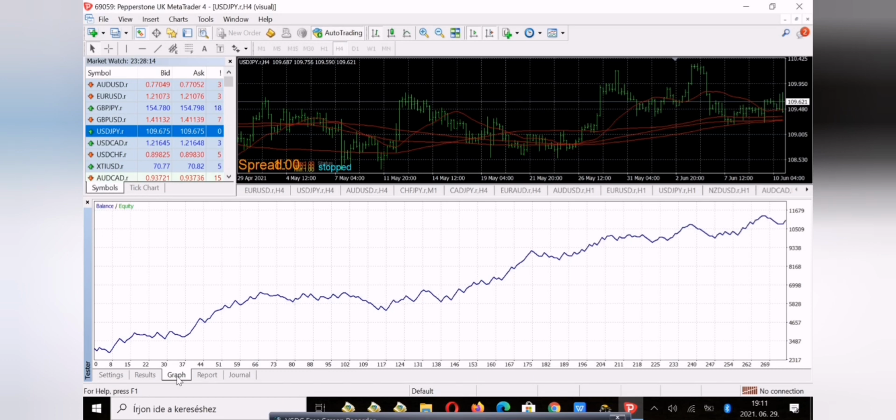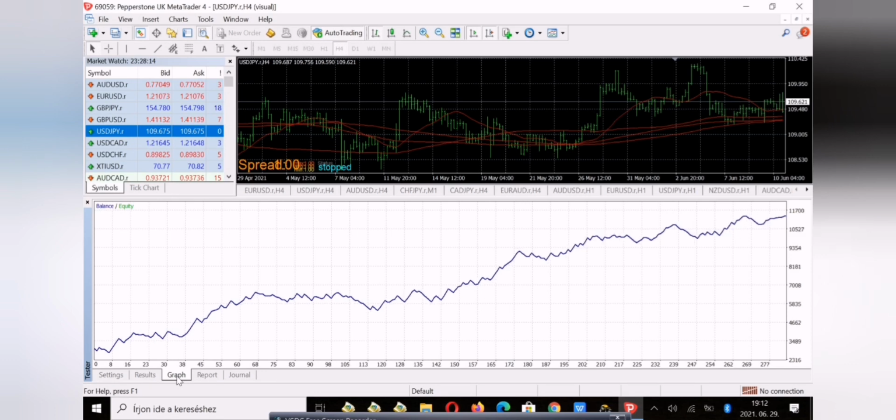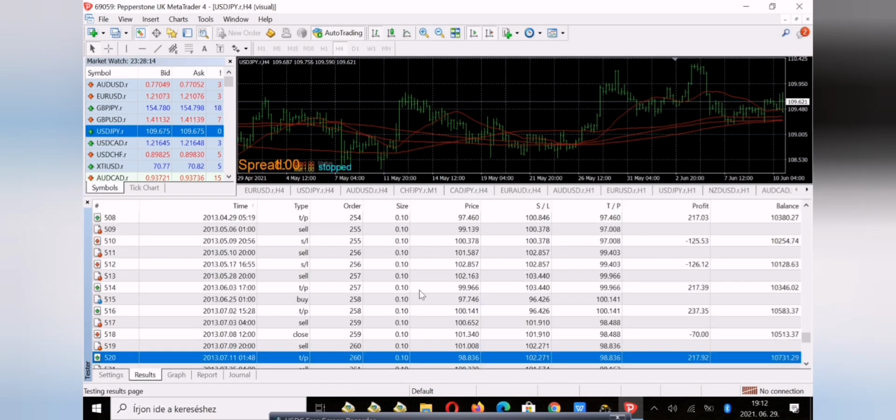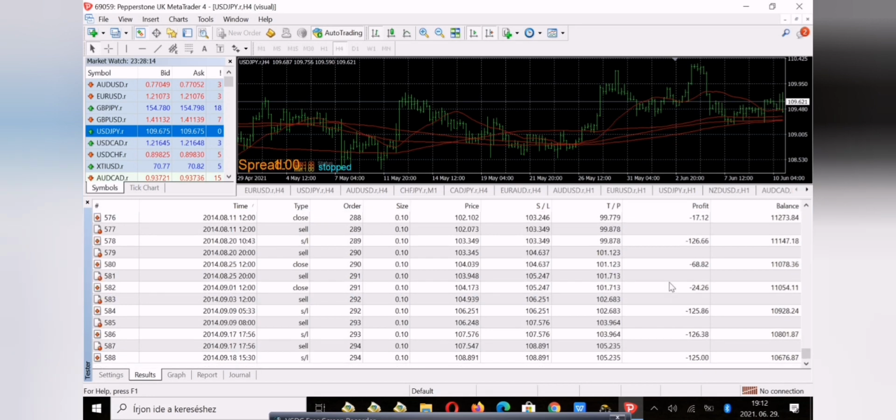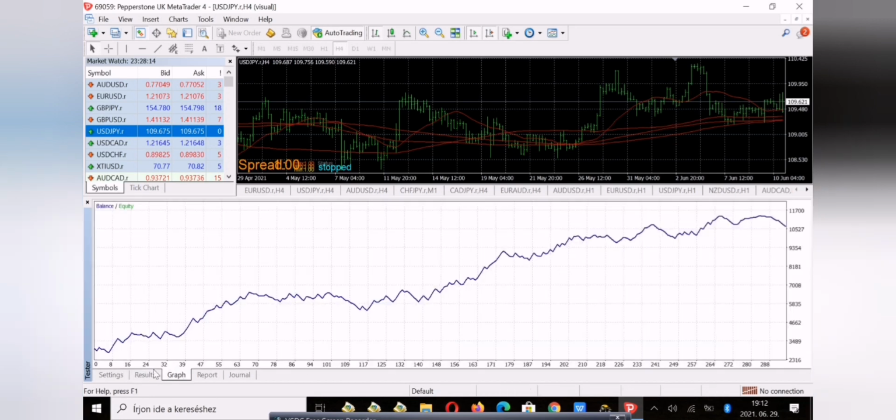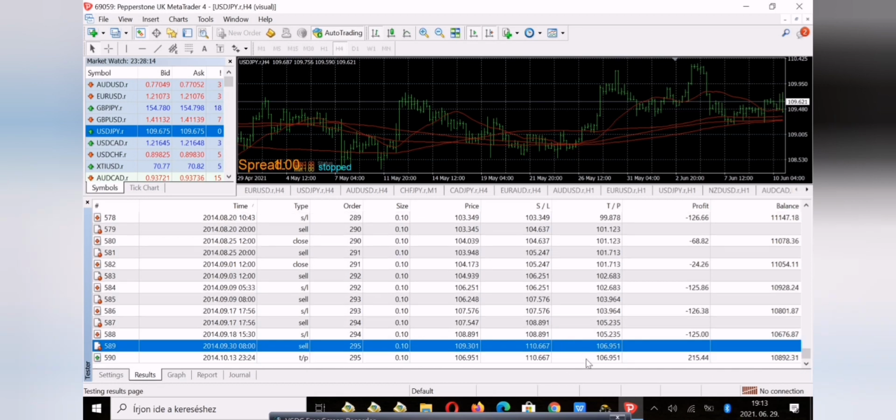It is a dynamic stop loss and take profit that calculates it based on the current situation of the markets. And it is really important to use these types of take profit and stop losses along with fixed ones, because they can actually give a boost to your strategy, to your EA, especially if you want to use it long term.